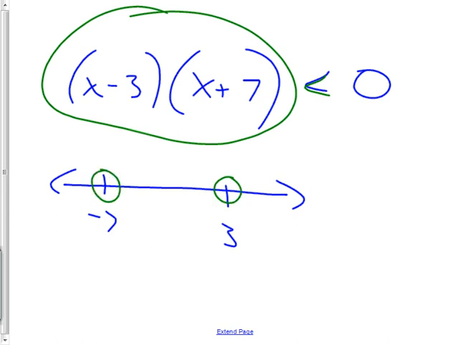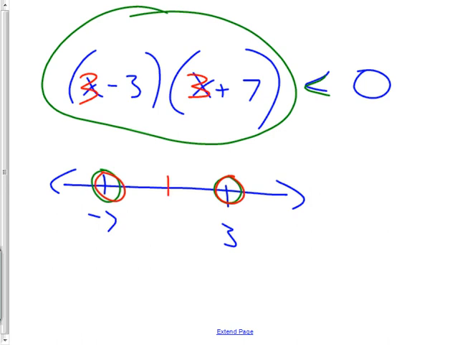And same with this. If you want to prove it to yourself, go ahead, put 3 in there and see what you get, and you'll end up getting a number that doesn't work. Because it'll be 0 times anything is 0. 0 is not less than 0. So it's empty circle here, empty circle here. And you test the other spots, but remember, you don't care exactly what the answer is.